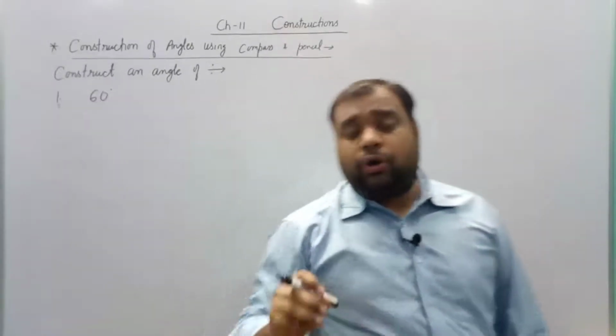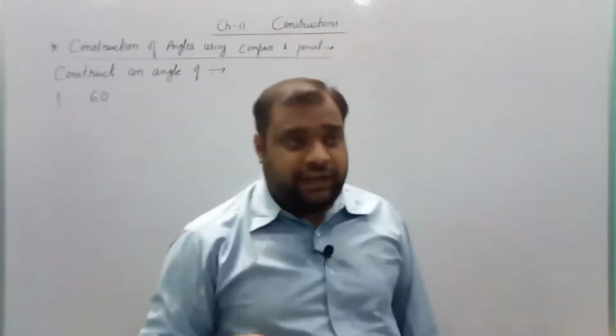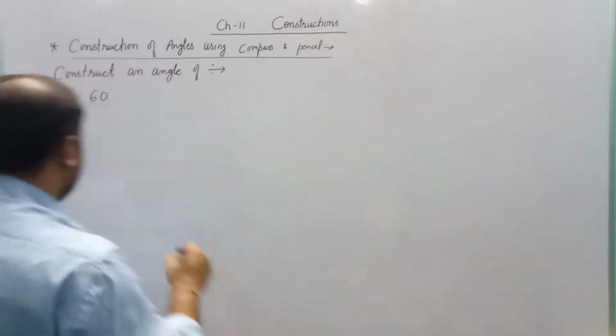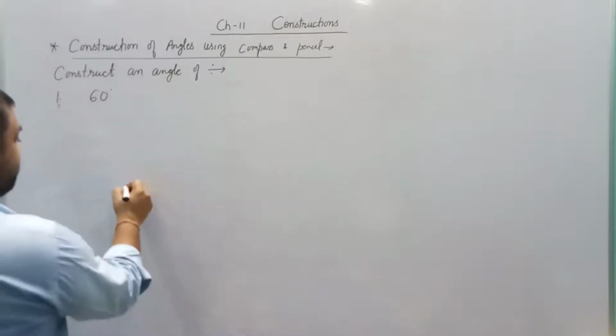Okay, to draw or construct an angle of 60 degrees, first draw a ray OA of any length.